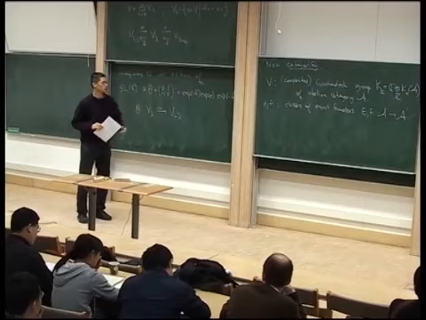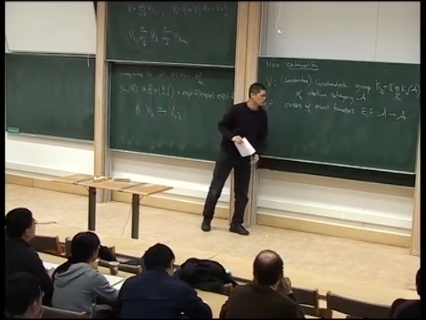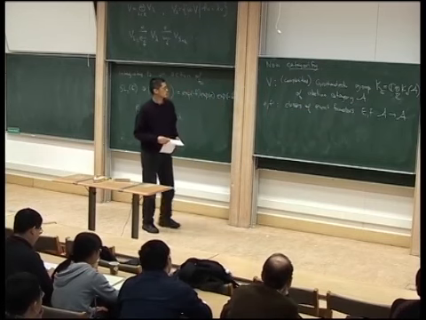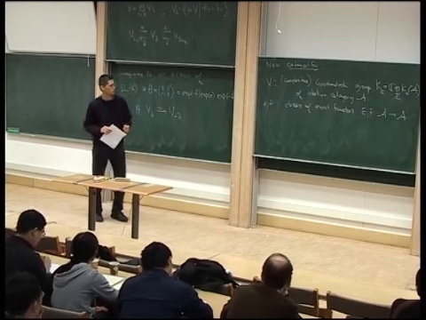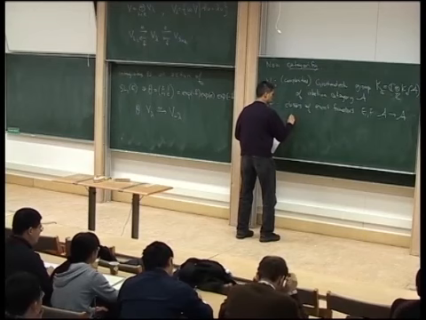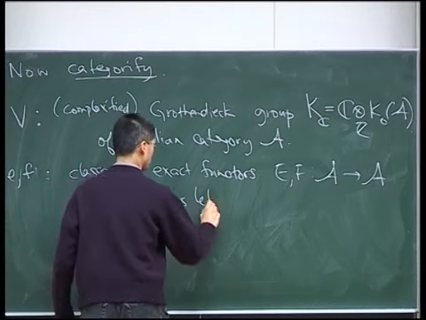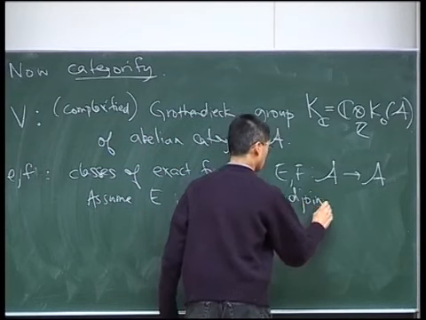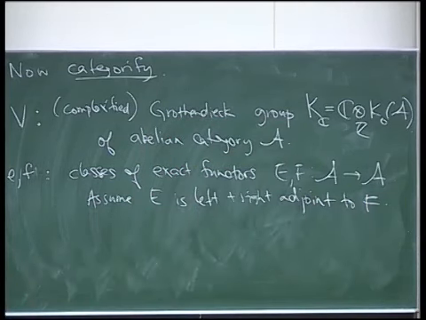Of course, we could always derive the functor and go to the derived category, but we're going to just assume that we have exact functors in the first place. Okay, and it's also reasonable to assume that there are some adjunctions between these two functors. Okay, so let's assume that E is both left and right adjoint to F. Why is this reasonable?